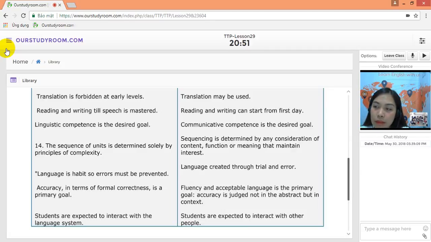The listener can understand the sentence by the meaning. They don't care about the structure. Okay, thank you. So in communicative, meaning is paramount. It means that the meaning is very important, more important than anything else in communicative.